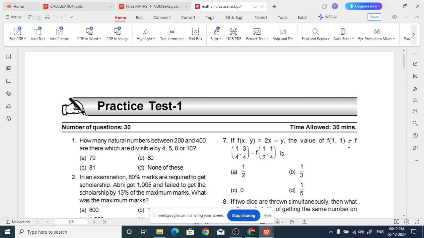How many natural numbers between 200 and 400 are there which are divisible by 4, 5, 8 or 10? So here there is no shortcut. You have to find. How many numbers between 200 to 400 will be divisible by 10?